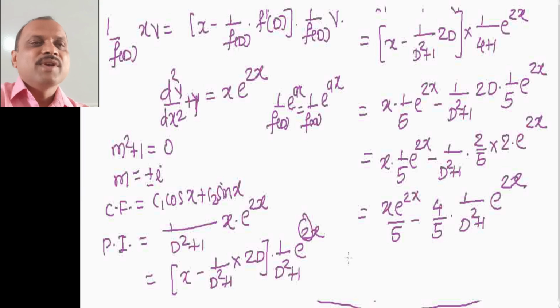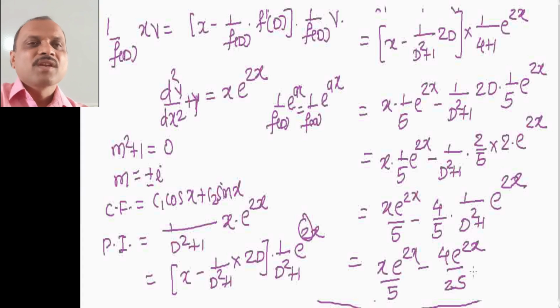This is equal to x e^(2x) minus 4 into e^(2x) divided by 5 into 5, that is 25. So we get e^(2x) into x minus 4 divided by 5, divided by 5.